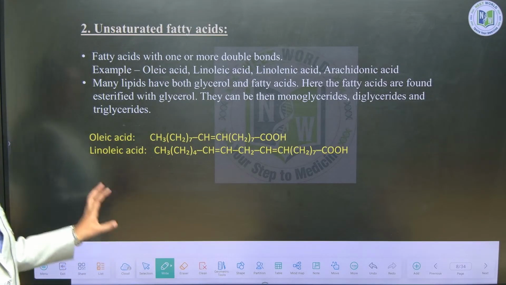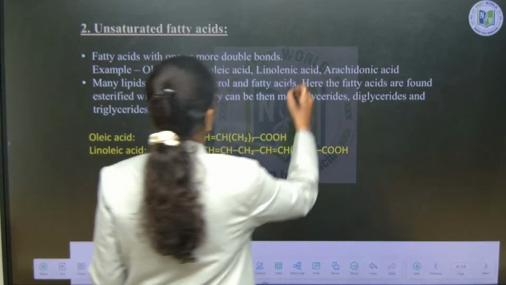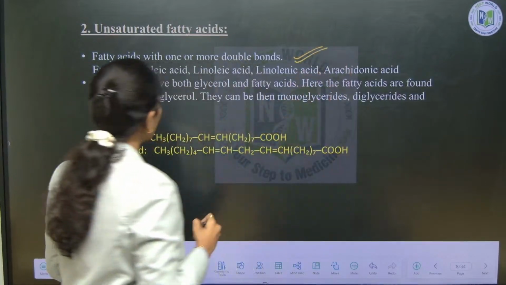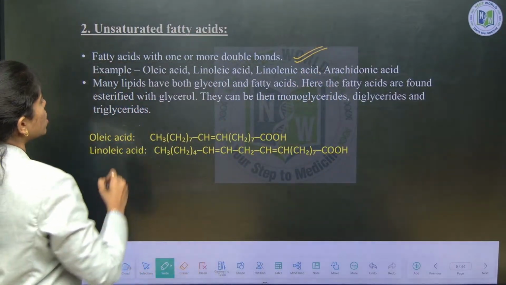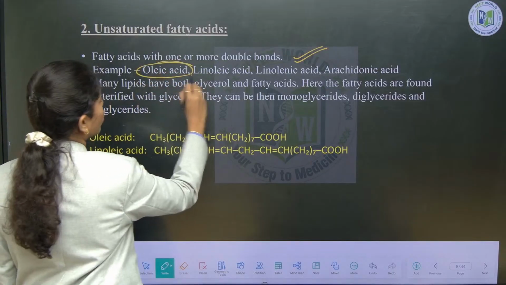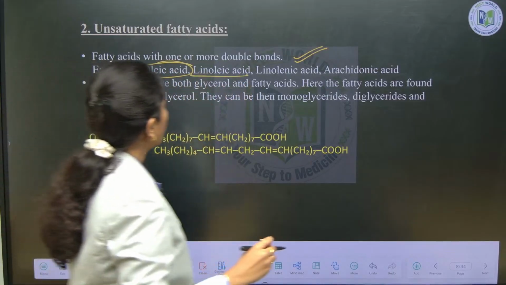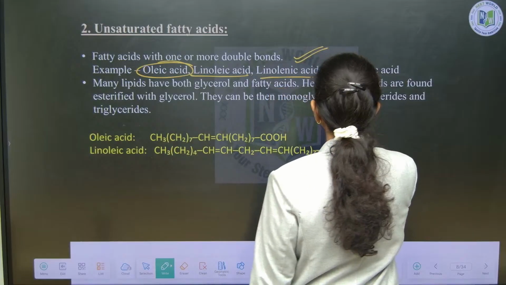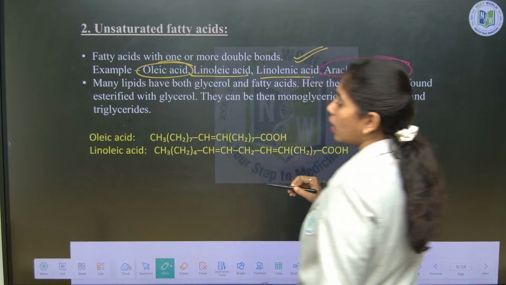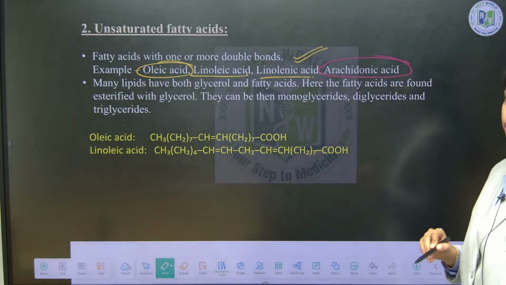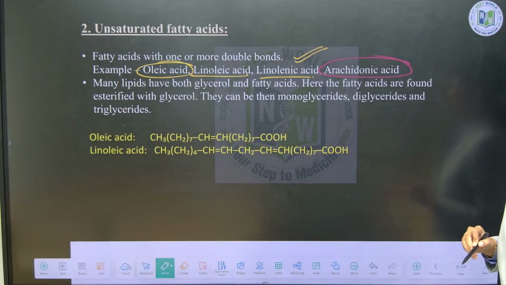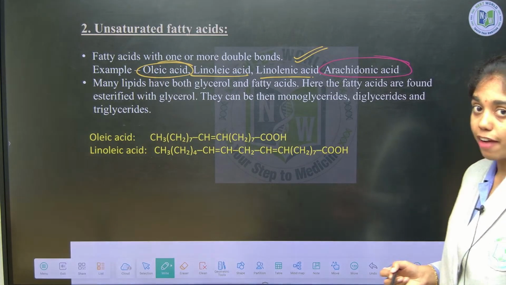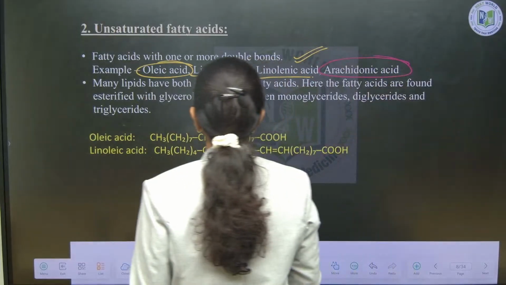Fatty acids with one or more double bonds. Examples you see are oleic acid, linoleic acid, linolenic acid and arachidonic acid. These are examples of unsaturated fatty acids.